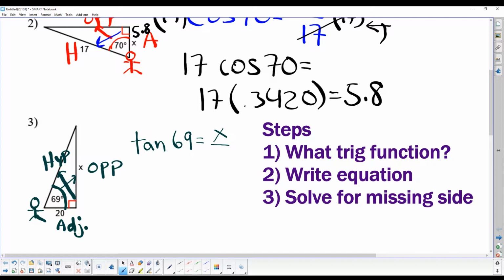TOA, right? T, opposite, adjacent. A is 20. Okay, question is X on top or bottom? Since it's on top, all I need to do is get rid of the 20.